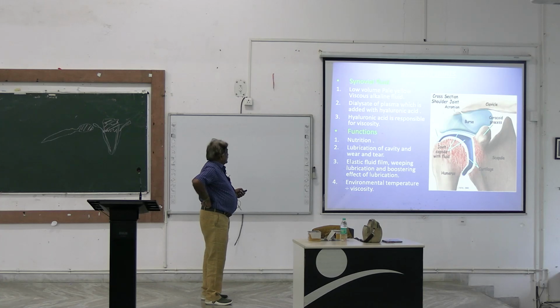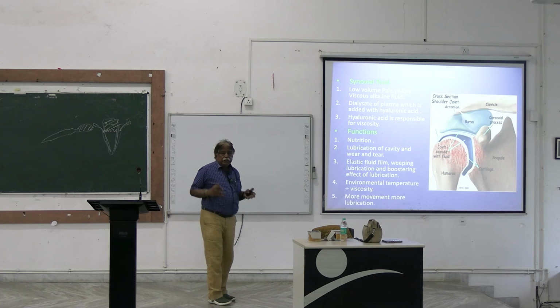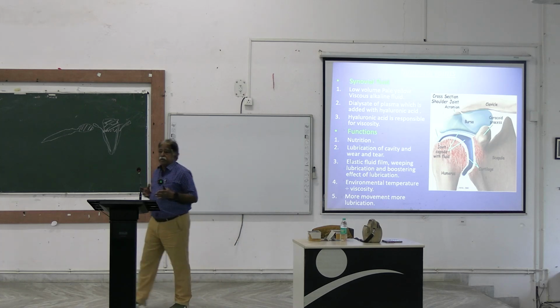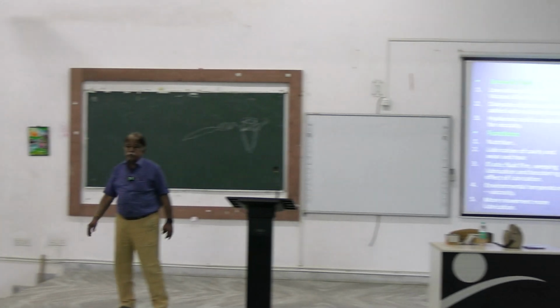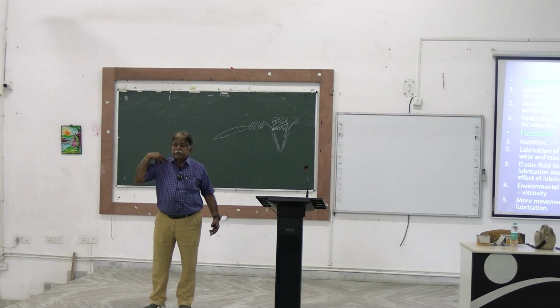Environmental temperature divided by viscosity, more movement, more the lubrication. Naturally, if the joint is mostly used, now the shoulder joint, if you open it, you can get a large amount of synovial fluid if you syringe it out.